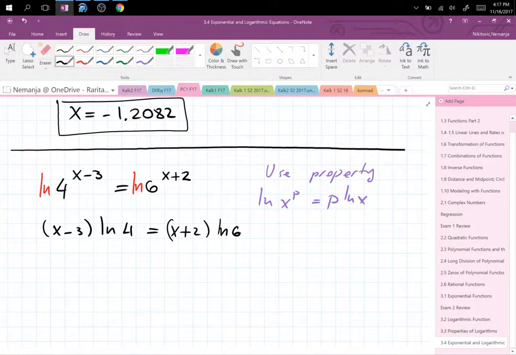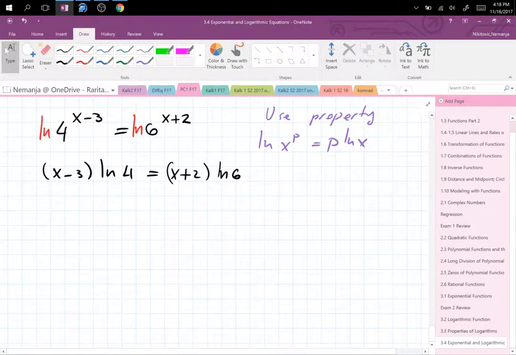And now you solve for x. You're probably going, how am I going to solve for x? Well, guys, ln 4 and ln 6 are just numbers. They're constants. So you distribute those, put all of the terms with x on the left and all of the terms without x to the right, factor out x. So it's a little bit of an algebra hike, but it's really doable.